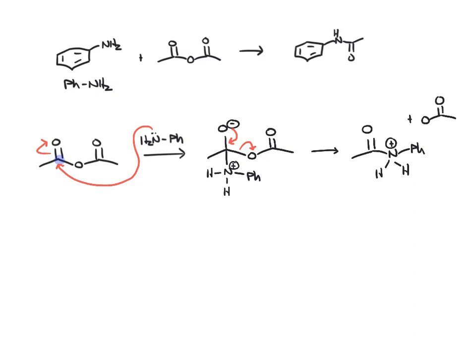And here's the leaving group that came off, this acetate. From here, now our aniline is the base that's around. So what we can do is just use another molecule of it to take the proton from the nitrogen. And we get our product.